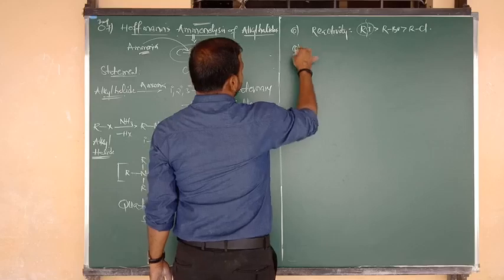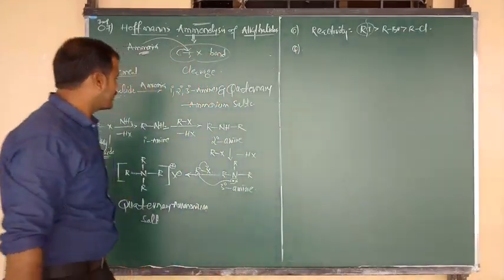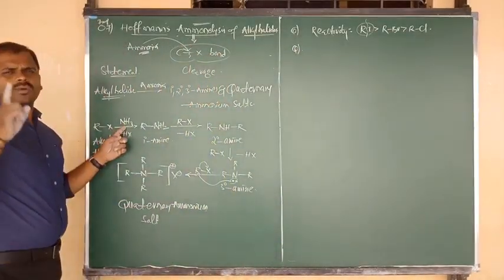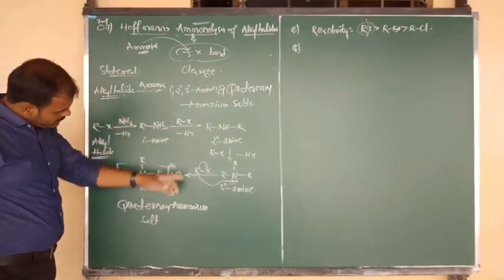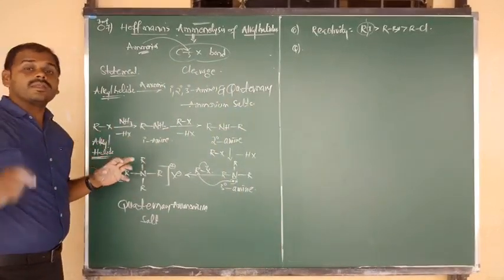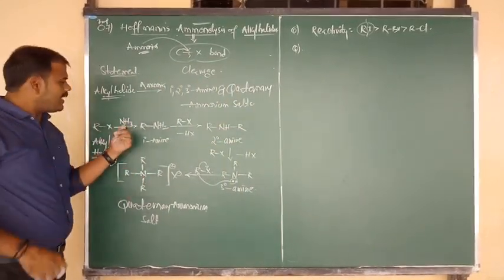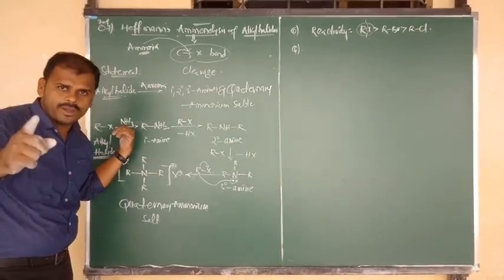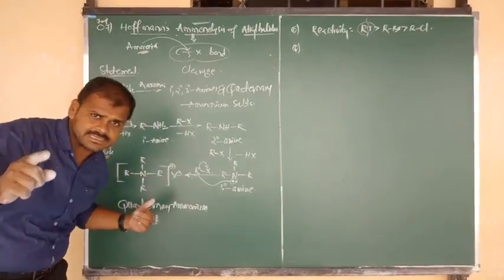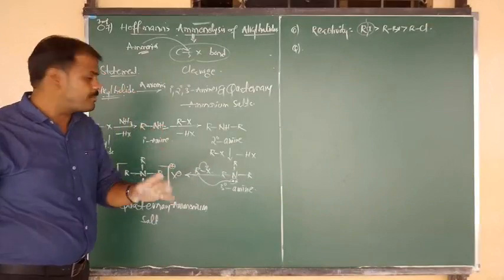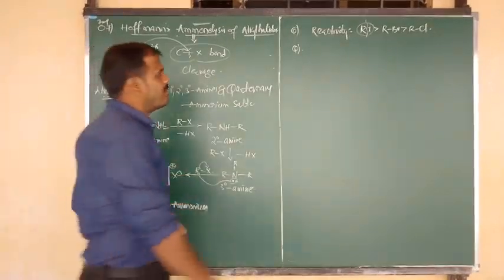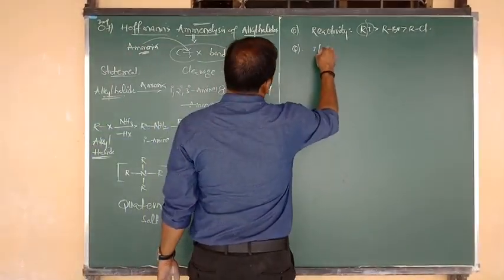The next main thing is very important. Listen, we have taken only 1 mole of ammonia, so we get all 4 products, and that condition was applicable if we have not taken excess ammonia. If ammonia is in excess, then we will get only 1 product, the primary amine.